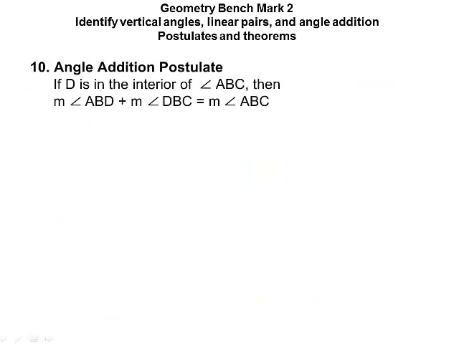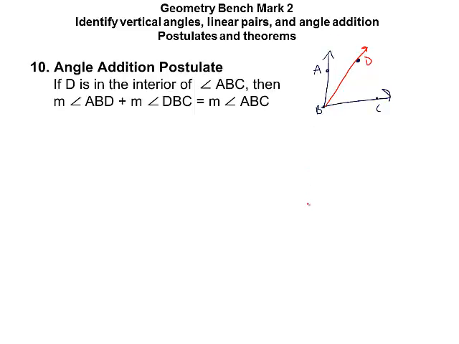All right, we have the angle addition postulate, which says if D is in the interior of angle ABC, so I have some angle A, B, C, and D is somewhere inside of it, then I can draw this other ray right here, that's D, and the angle ABD plus DBC will make the whole big angle.